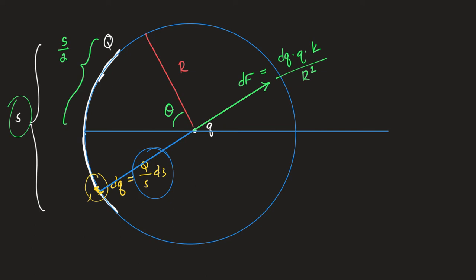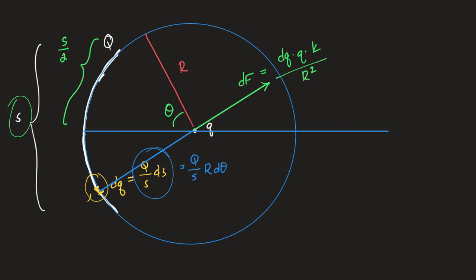And I don't have to do very much. So I could write this as q over s r d theta. I know that I'm changing the order, but we know theta will eventually be at the outside edge of this.